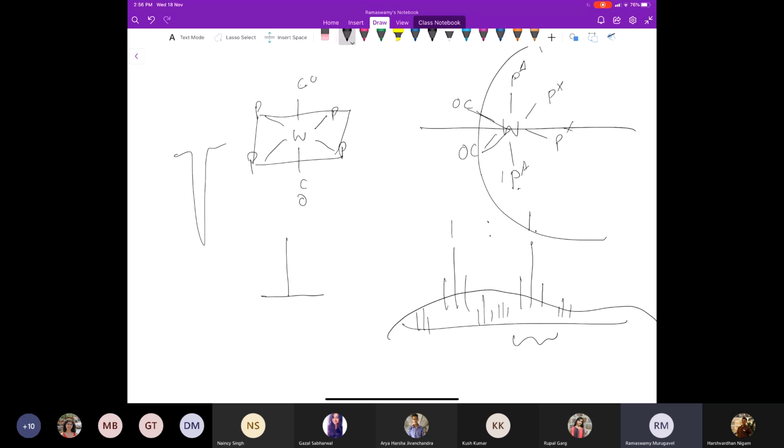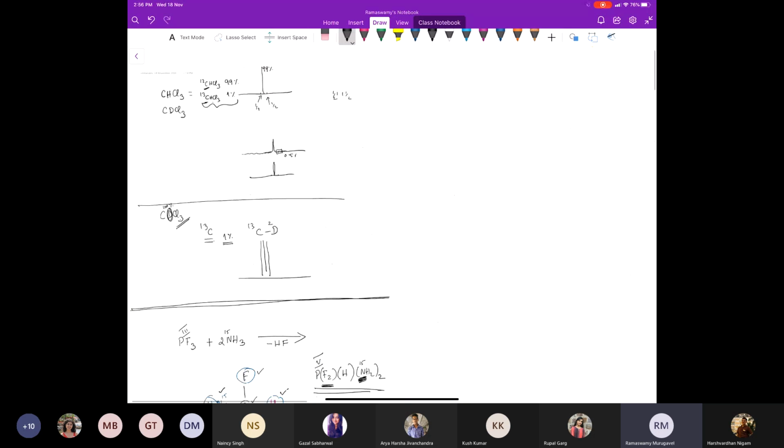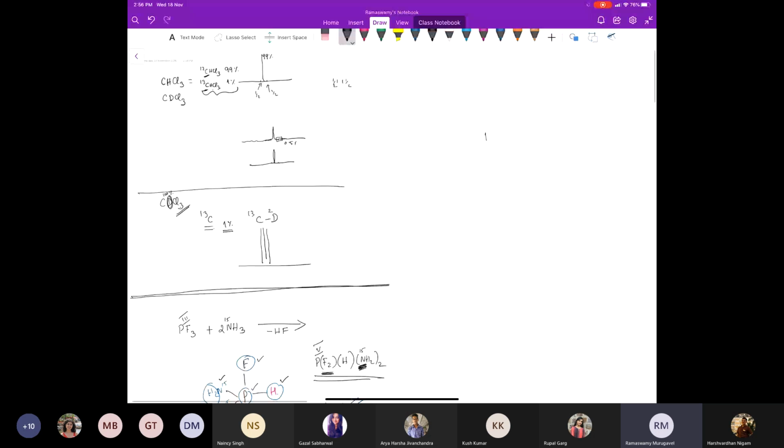I think this is one series of examples I wanted to tell you, on how phosphorus NMR can be used. The first series of examples I talked about was the example of F2PNS2 twice.